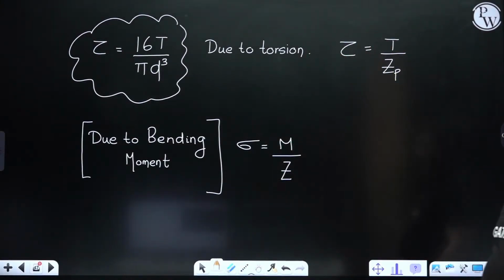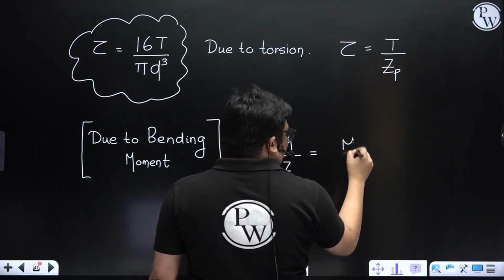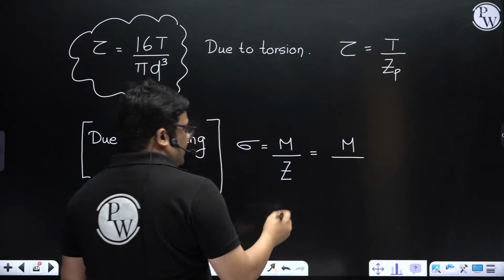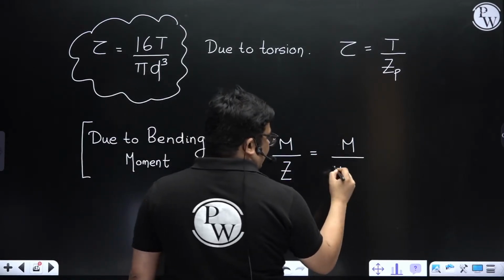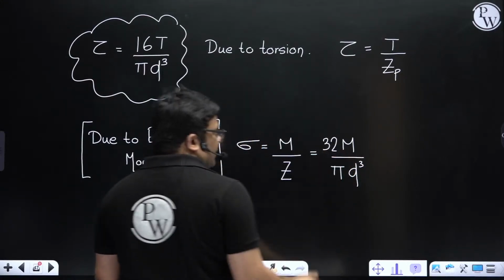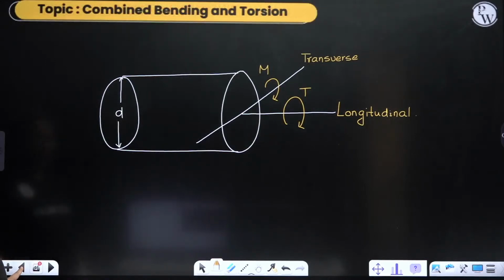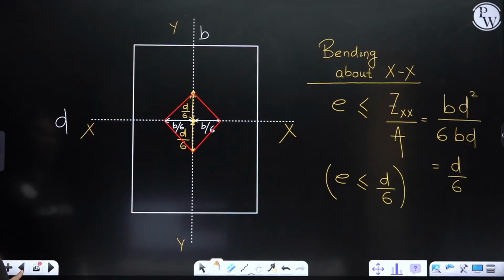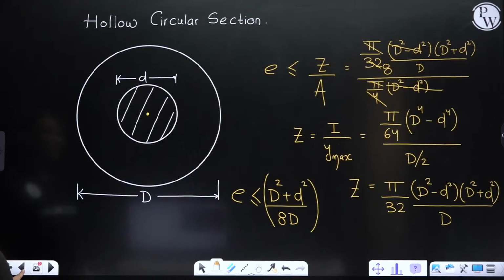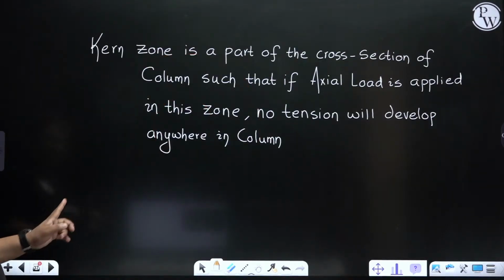And when I do this bending moment, this is M, and Z for a circular section is pi d cube by 32. We have already seen this, when I was finding the kern zone.